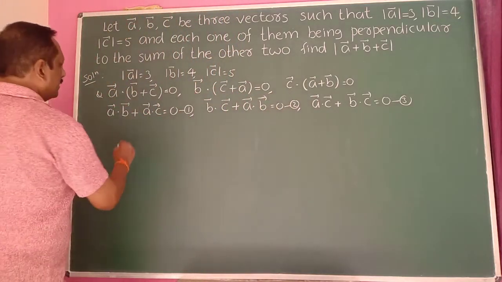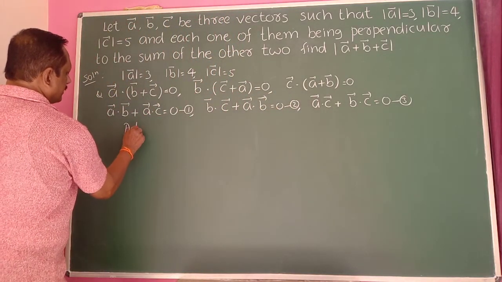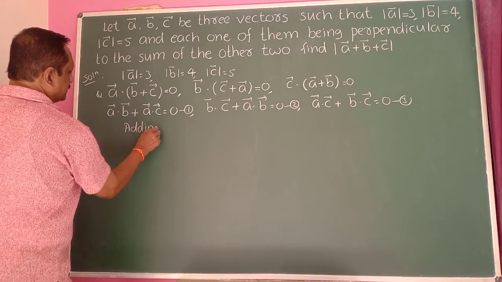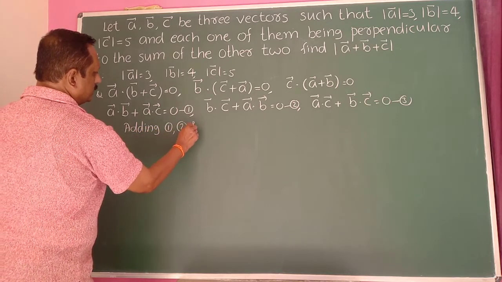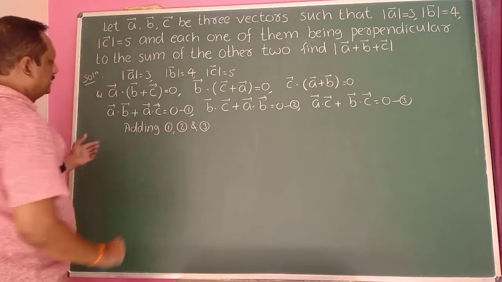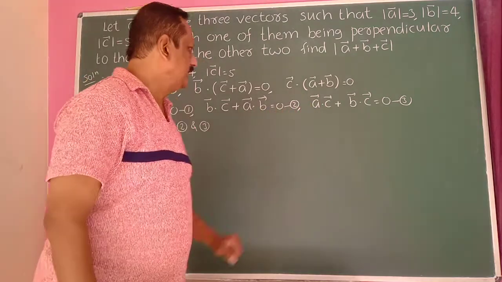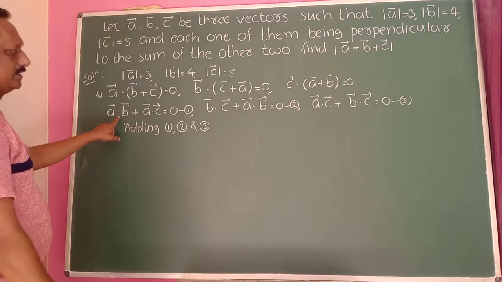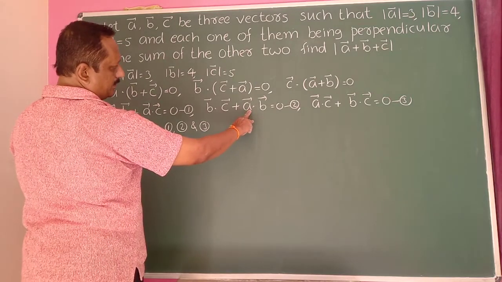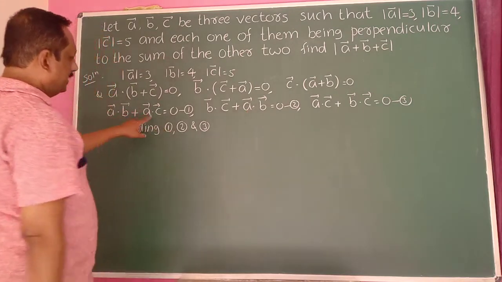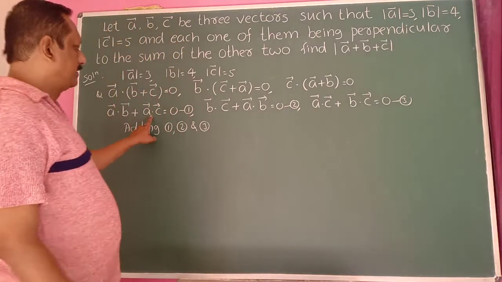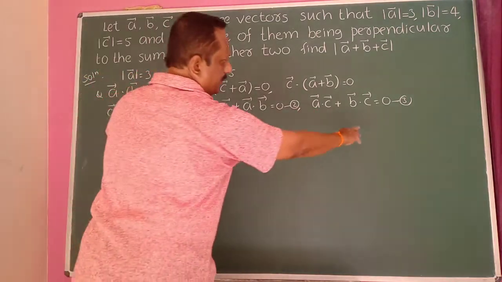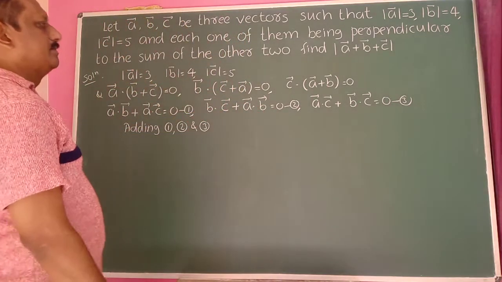Adding equations 1, 2 and 3. So A bar dot B bar plus A bar dot B bar gives 2 times A bar dot B bar, A bar dot C bar twice gives 2 times A bar dot C bar, and B bar dot C bar twice gives 2 times B bar dot C bar.